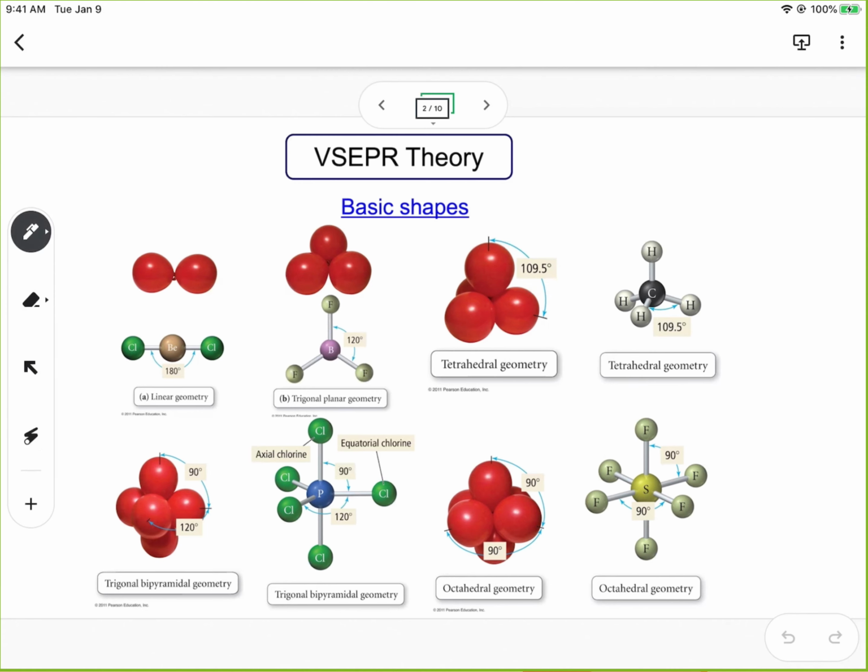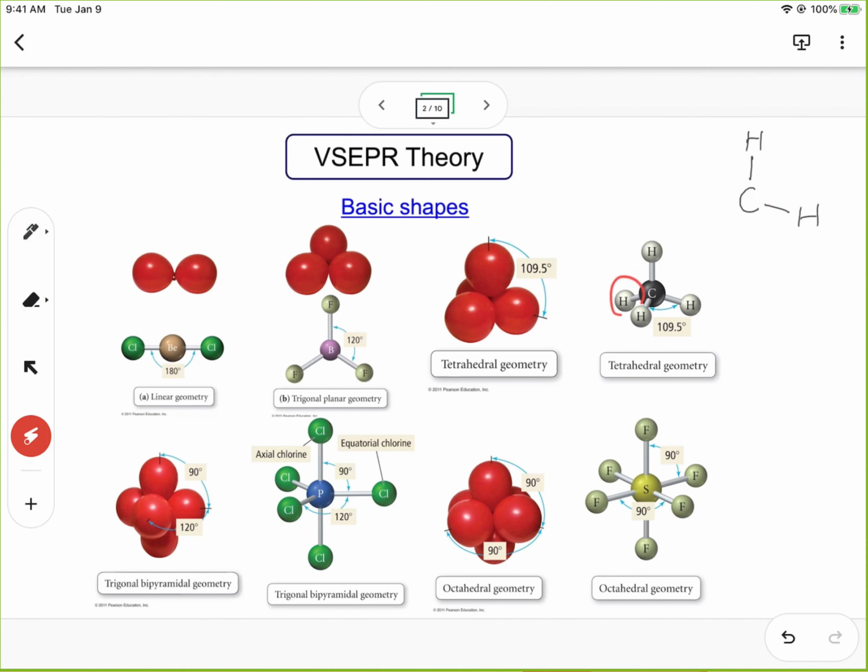Now, how do we draw the three-dimensional geometry of tetrahedral on the paper? Like I said, if you want to draw it, then the carbon and the hydrogen, these three atoms, are going to be in this screen. These three are in the same plane.